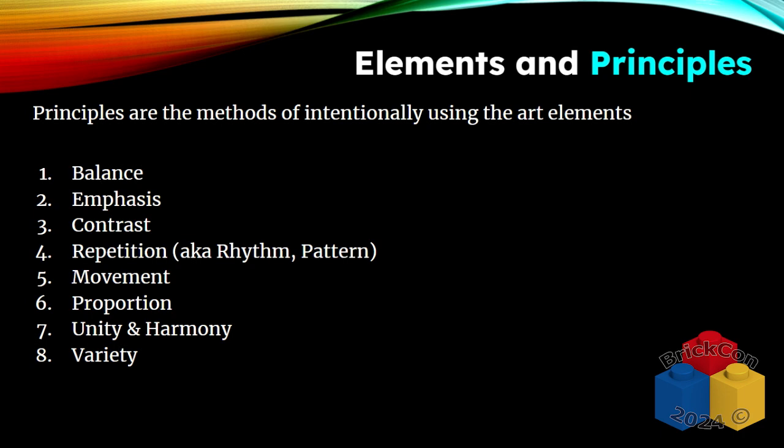So they include balance, emphasis, contrast, repetition, sometimes called rhythm, sometimes called pattern. I always think of it as repetition because the repetition creates the rhythm and creates the pattern. Movement, proportion, unity and harmony, which feel so close sometimes they're hard to keep apart. I'm going to try and give you a tip for that. And variety.